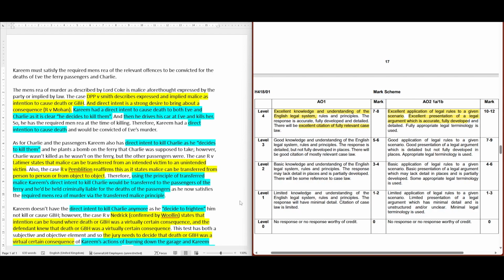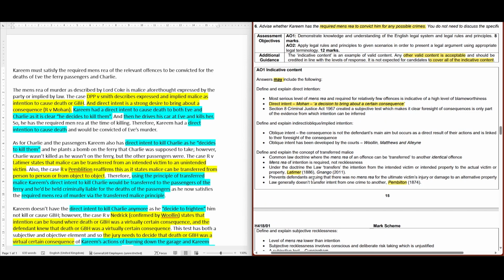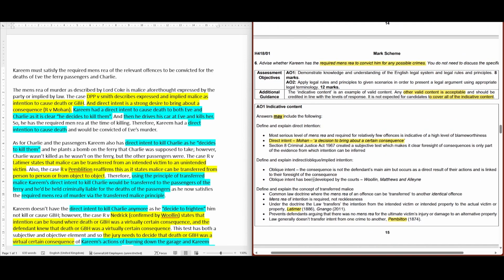Now that you've seen the mark scheme and you know how to go through the mark scheme, you should understand that you don't need to cover all the indicative content in the mark scheme, and other content that is valid is also acceptable and it will be credited.